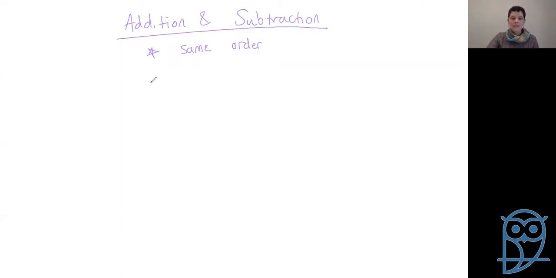So starting out with letters, A, B, C, D. If we were going to add or subtract, this is the 2 by 2, so we would need a 2 by 2 again, E, F, G, H. And then all we're going to do is take each element and add or subtract, depending on which one we're doing, with the element in the corresponding position.